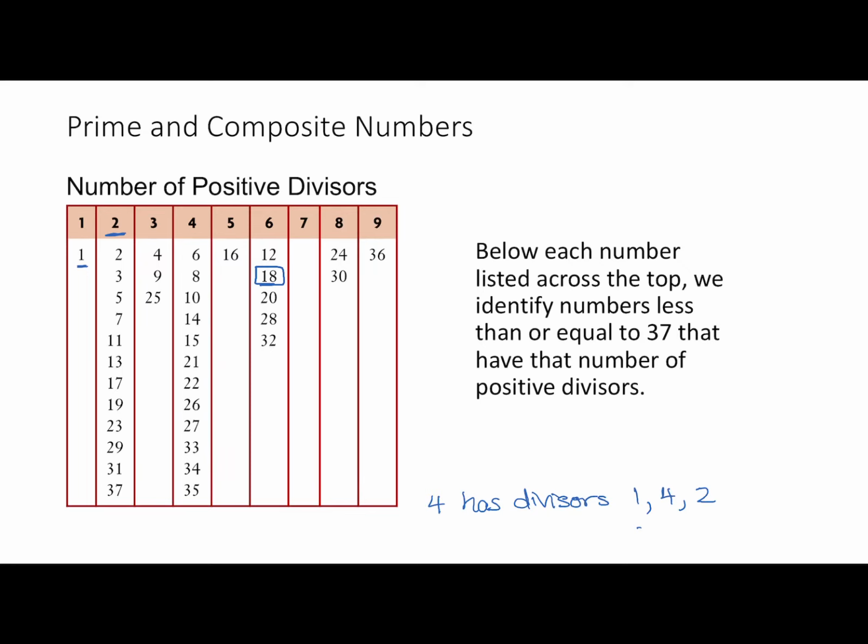The numbers in column 4 have 4 divisors, so let's look at 6, say. What are the divisors of 6? Well, always 1. Also 2 divides 6, 3 divides 6, and 6 divides 6. Those are the only divisors of 6, so 6 has exactly 4 divisors. And so on. 24 has 8 divisors, 36 has 9 divisors, etc.